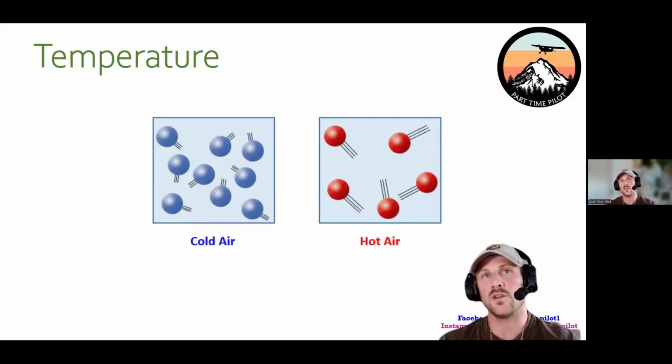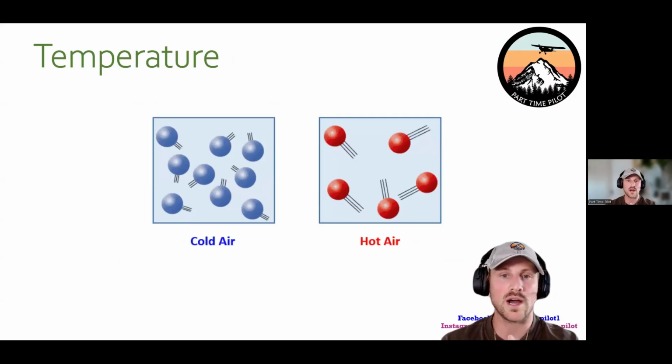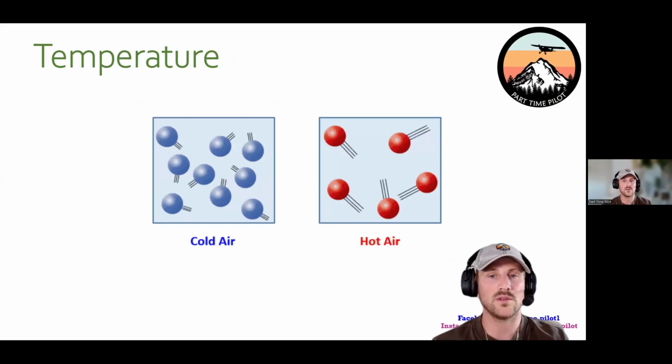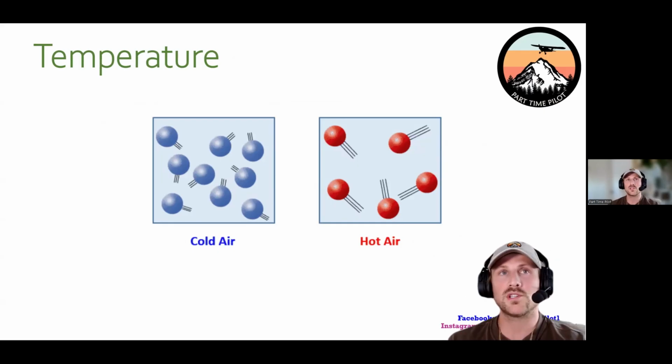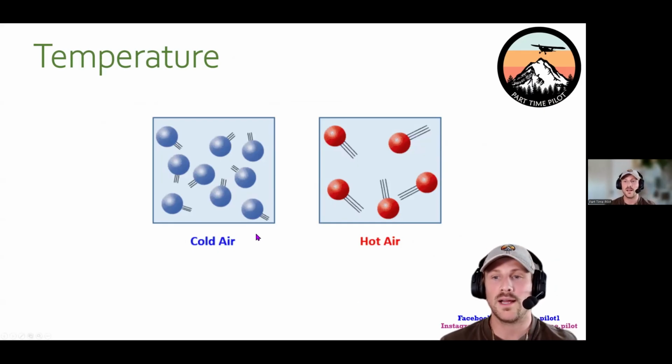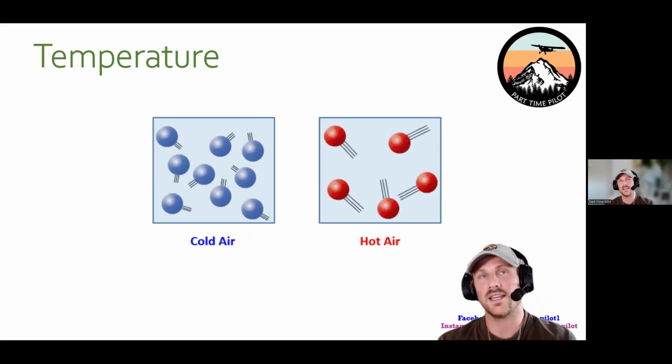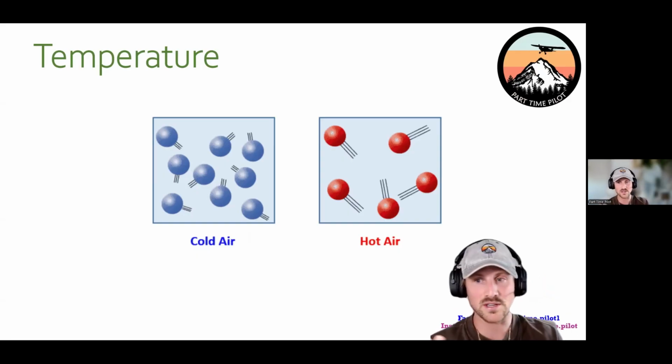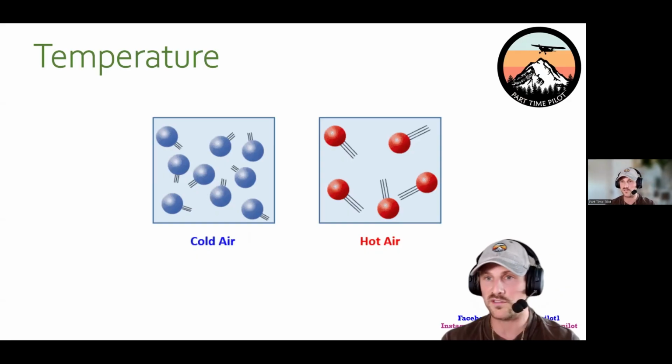So let's talk about each of those and why. Cole, we're going to explain why it goes down with humidity. So with temperature, we have an increase in temperature, from cold air to hot air, and that decreases density. Temperature is simply the measure of kinetic energy of molecules of something.